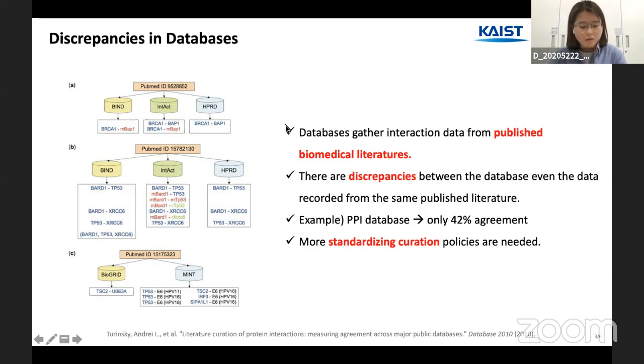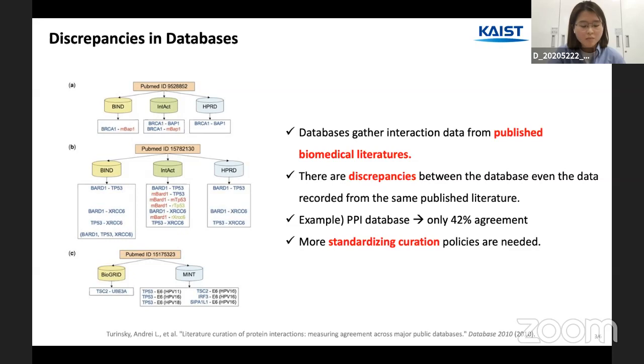published medical literature. However, the problem is that there are discrepancies between these databases, even in the data recorded from the same published literature. In the left figure, you can see that each database records a different number of protein-protein interactions and uses different protein names from the same published literature.